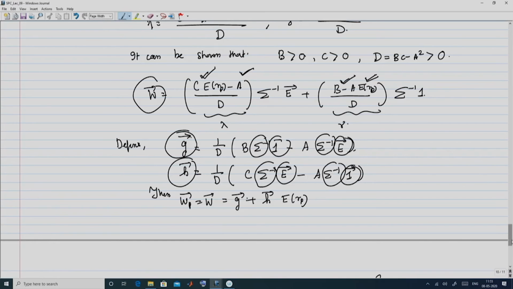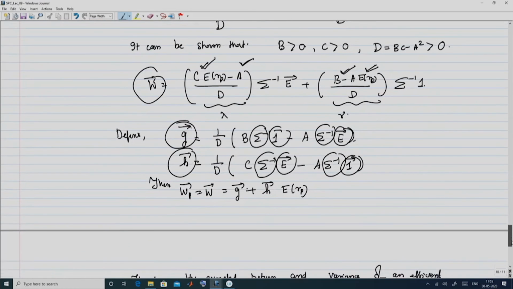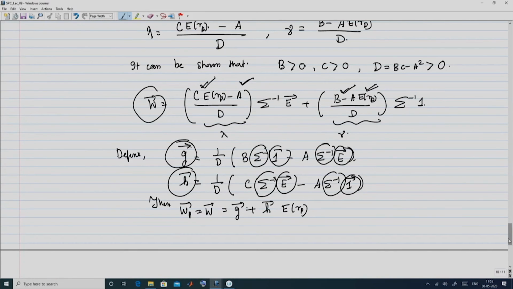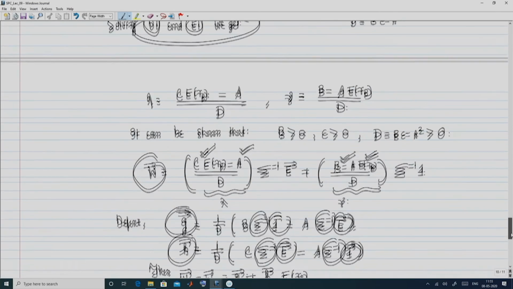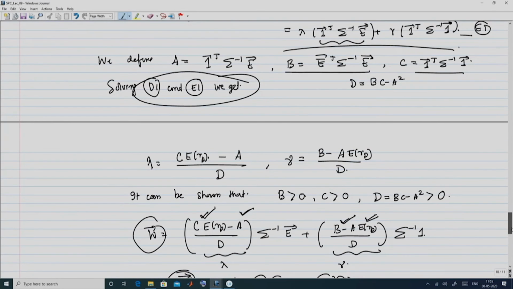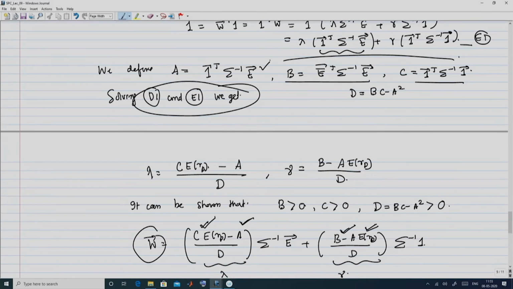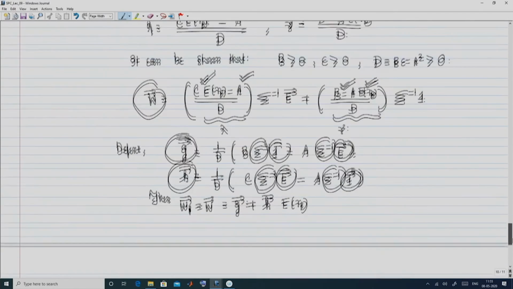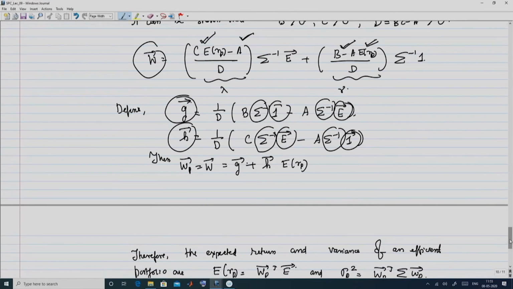So, these are basically related to the expected return and the covariance matrix of the entire portfolio, and this A, B, C and D are again given in terms of this expected return vector and the vector of ones and the covariance matrix. So, accordingly the G and H that we have here are basically going to be fixed irrespective of the portfolio that you are taking.